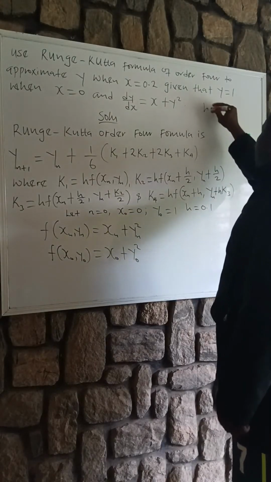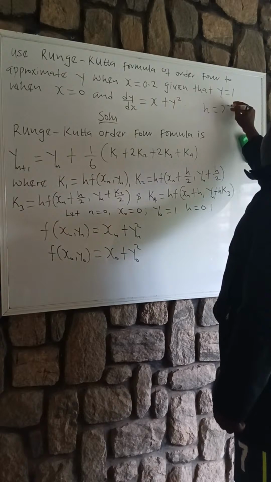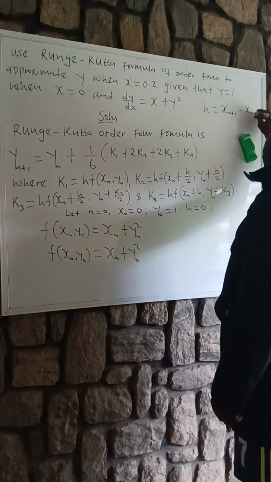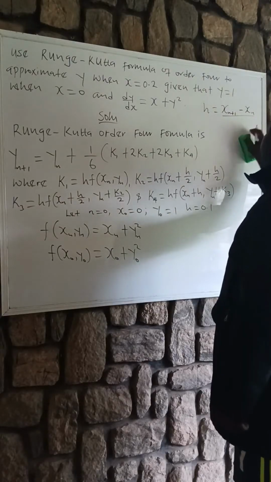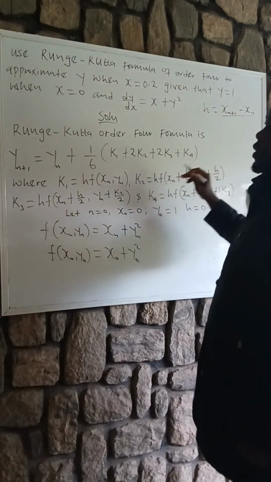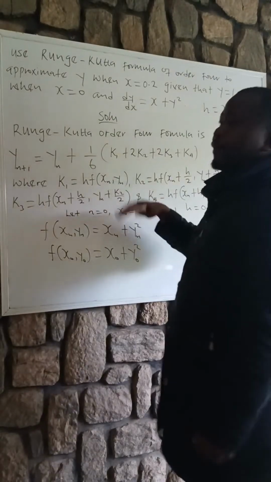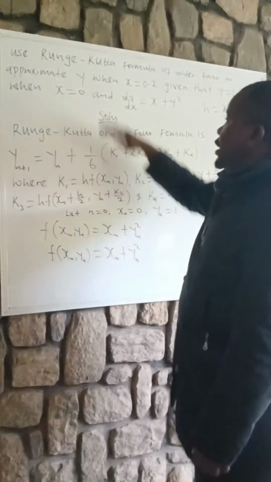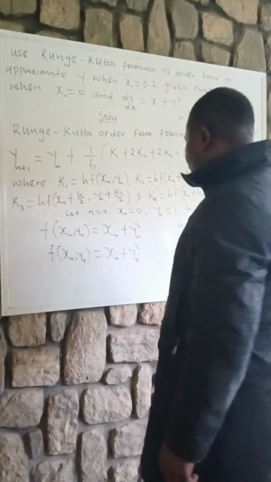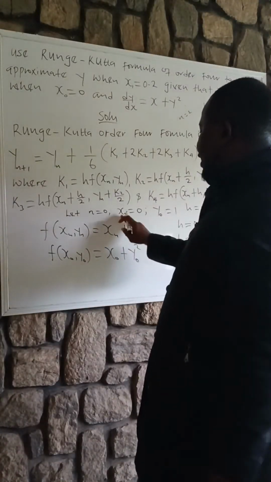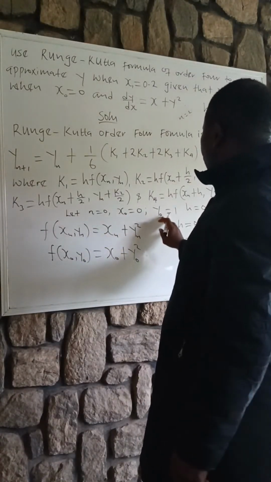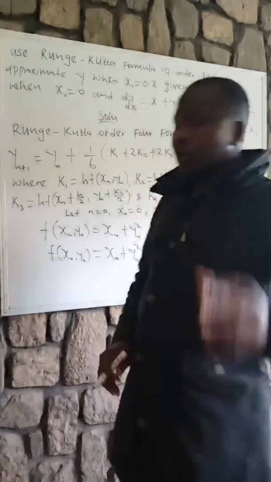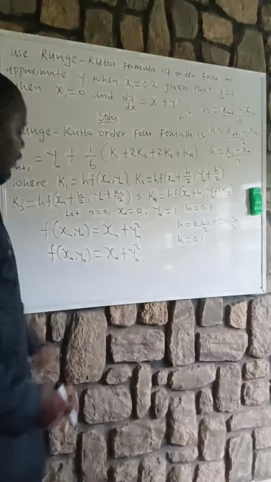You know, h is always equal to x subscript n plus 1 minus x subscript n, all over the number of iterations. But here, x naught is equal to what? 0. That is why we say x naught equals 0, then y naught equals 1. h is equal to this.